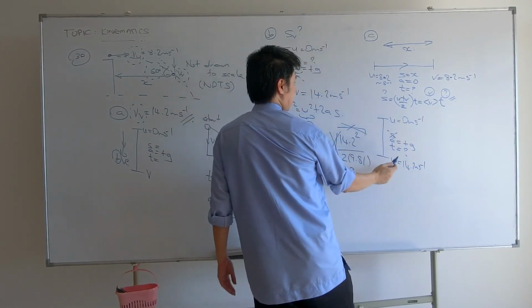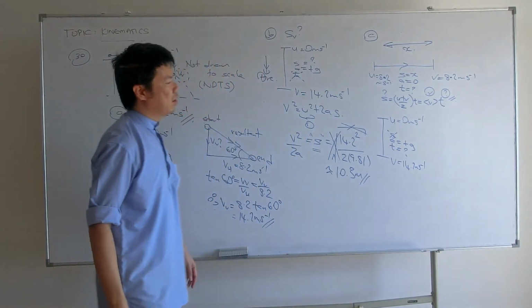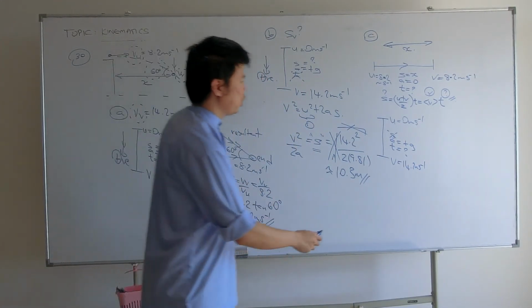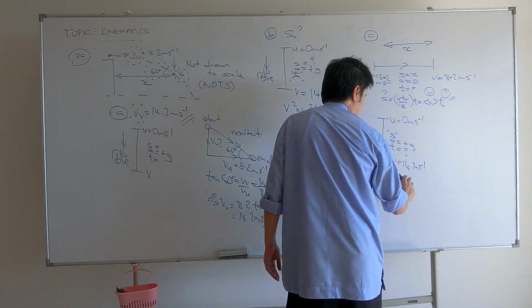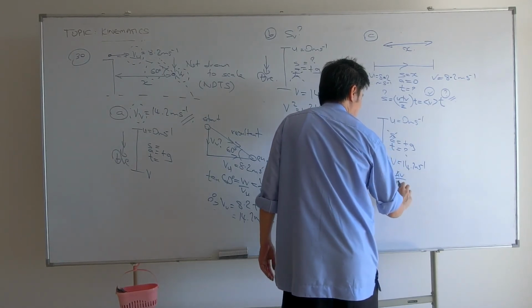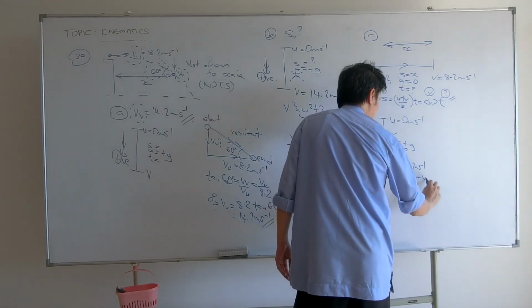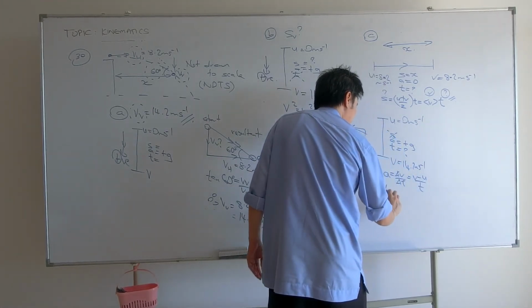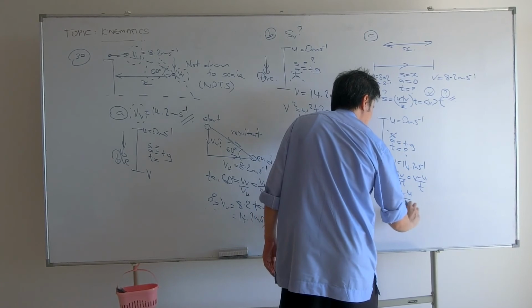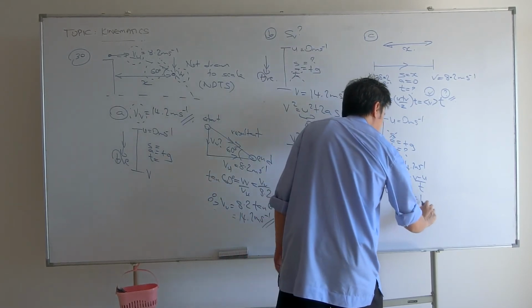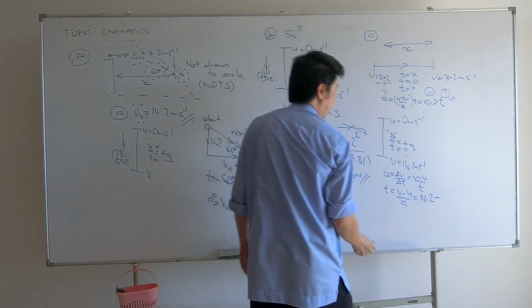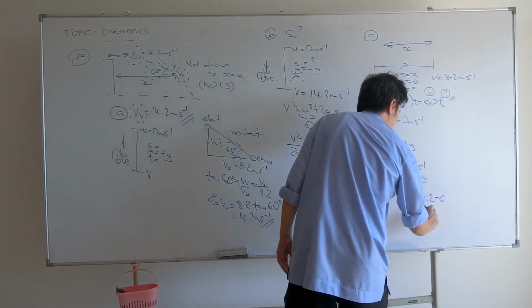U, A, T, V: which equation do we use? The second equation of motion, which is the definition of acceleration: a equals delta v over delta t, equal to v minus u over time. Therefore, time is equal to v minus u over a. What is v here? 14.2 minus 0 over 9.8.